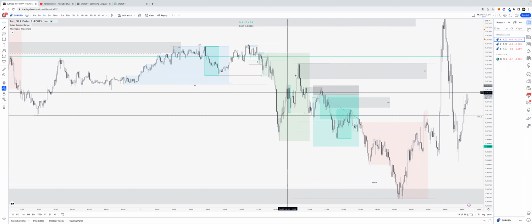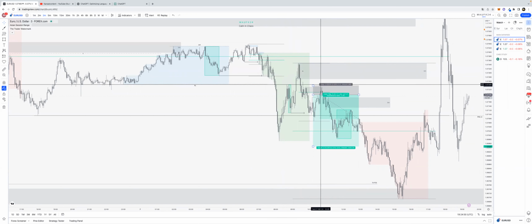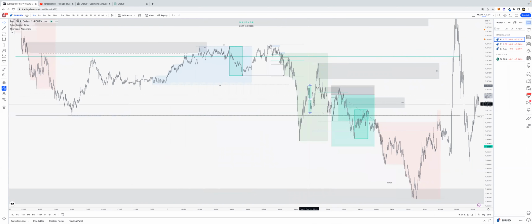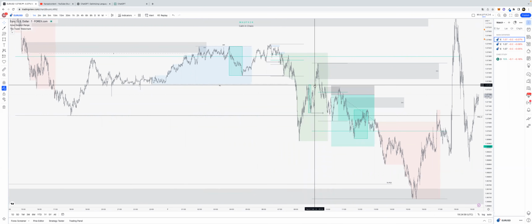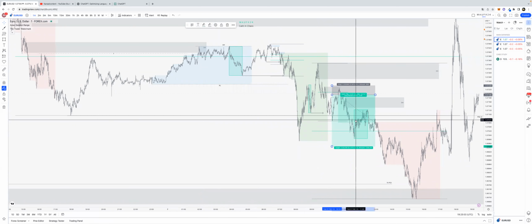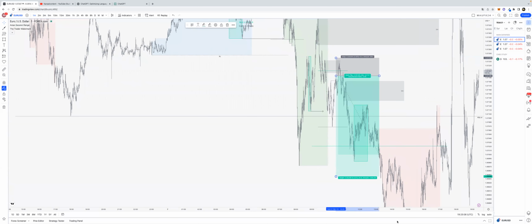Bit tricky with this move up because we don't have early or internal range liquidity. The price forms the early sellers, which is forming the early internal range liquidity. So that's your second trade. And this one has a confirmation as well.